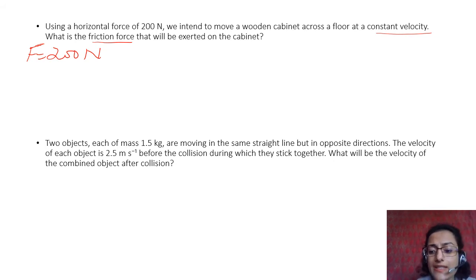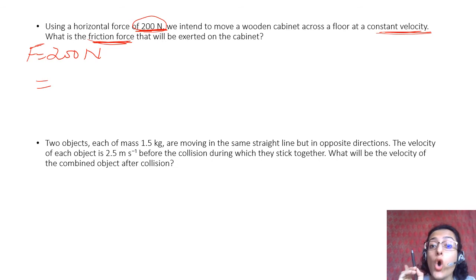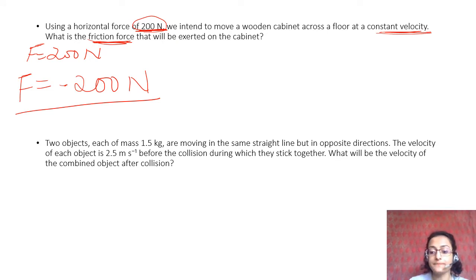So in this case, if there is no net force acting, which means that if we are giving it a force of 200 Newton and it has to move with a constant velocity, therefore the frictional force is such that it will be exactly opposite to this, so that it keeps moving. Frictional force will be equal and opposite, because frictional force always opposes. So the answer is minus 200 Newton.